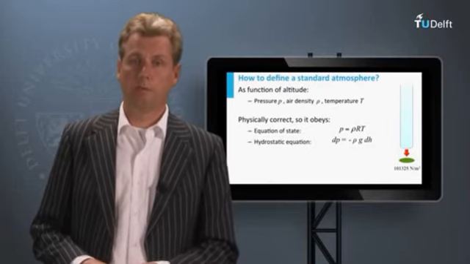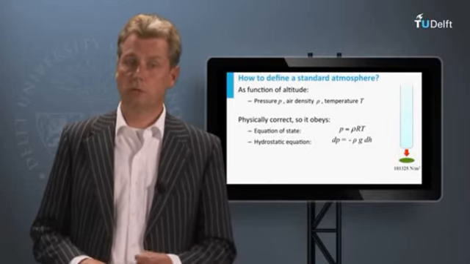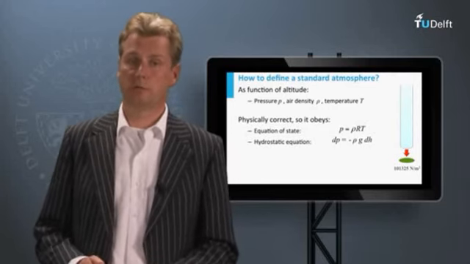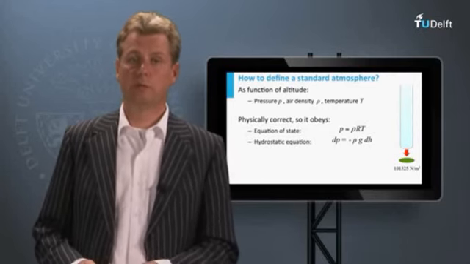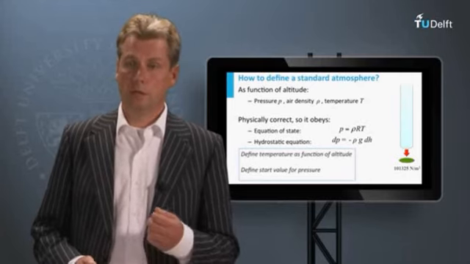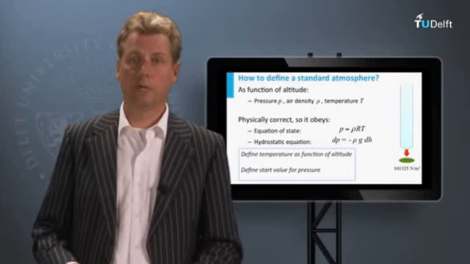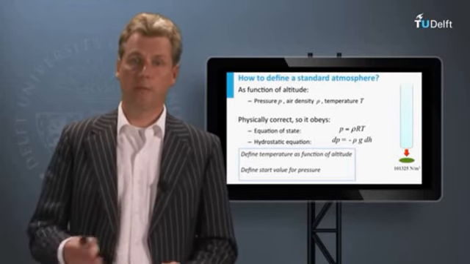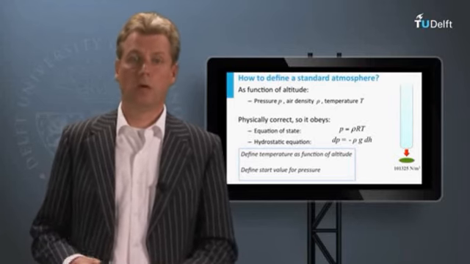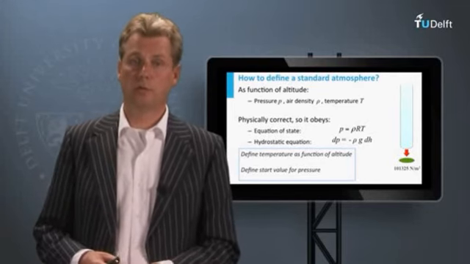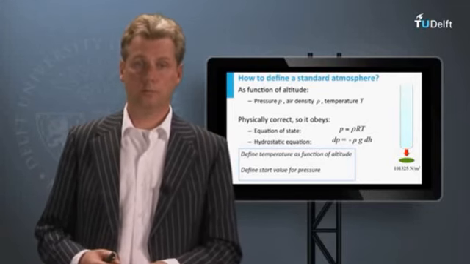And the other problem that we have is that basically one of the equations only describes a change in pressure as a result of a change in altitude. So what do we need to do to fix this? We need to define one variable, for instance the temperature, as a function of altitude, to be able to calculate the others. Also, we need to define a start value because one of the formulas only talks about change.